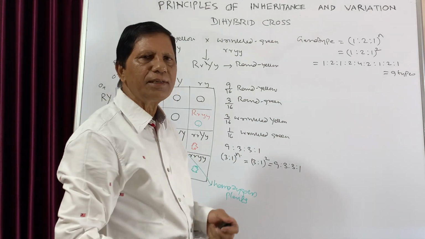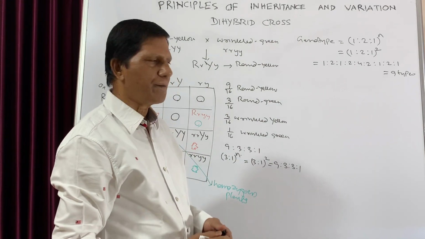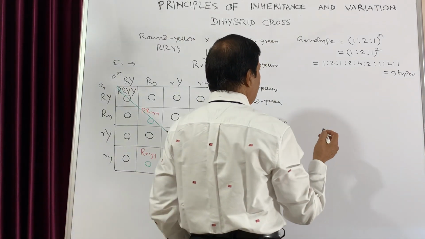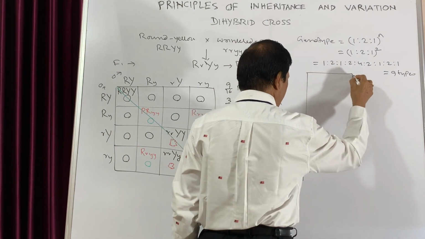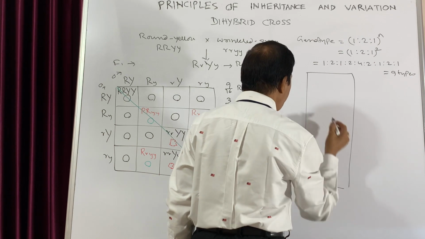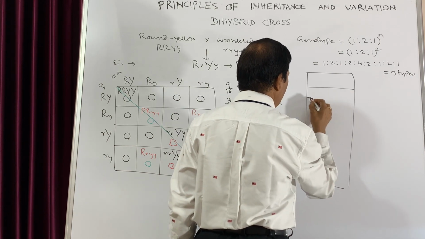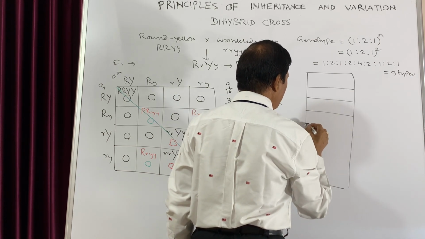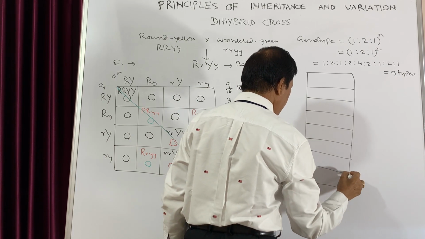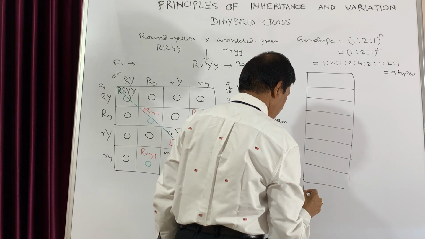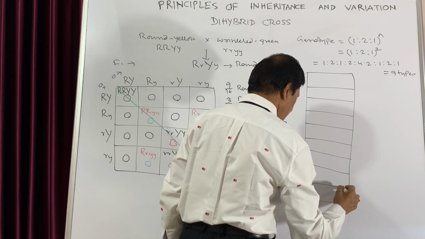Now, what are these 9 types of genotypes? Let us see. I will draw it like this so we can better understand the things. 1, 2, 3, 4, 5, 6, 7, 8, 9.